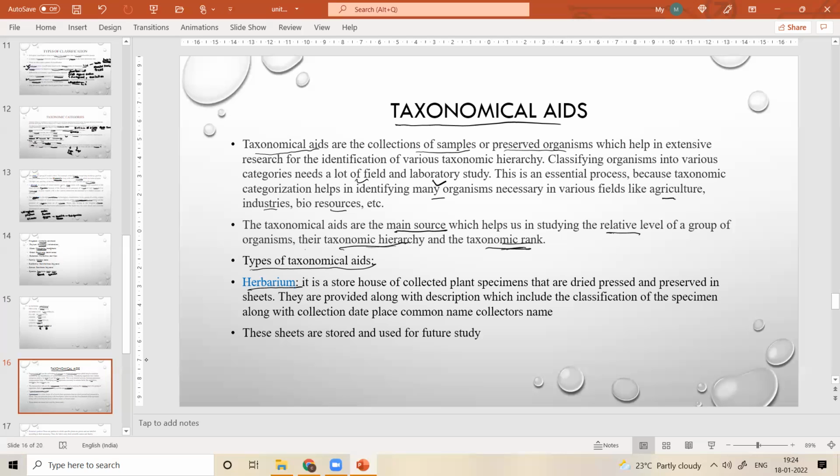That means they are dried and pressed and preserved in sheets.